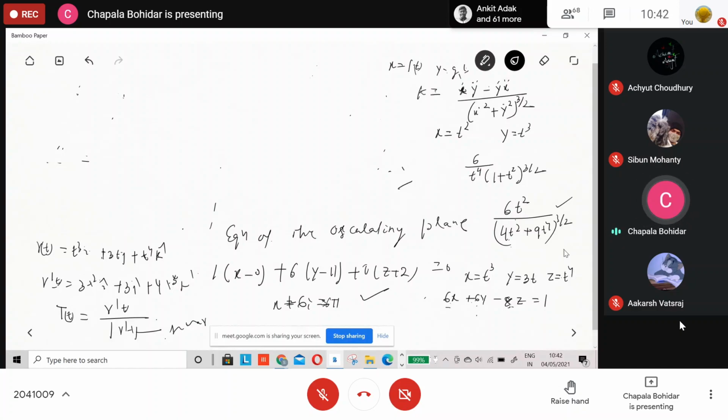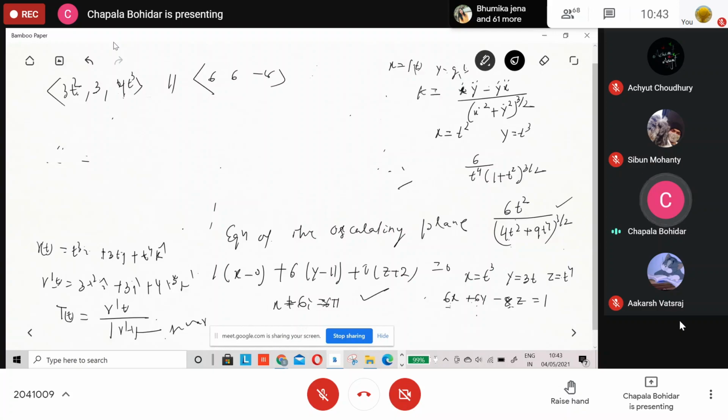We can say these are the component 6, 6, minus 8. These two are parallel. Here it is your 3T square, 3, and 4T cube. Both are parallel.